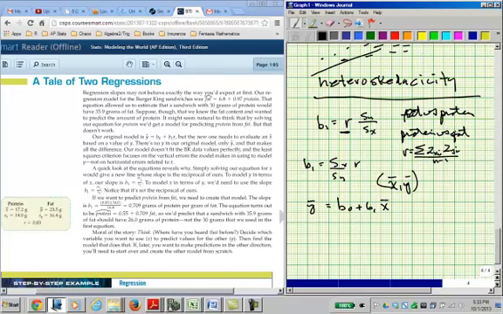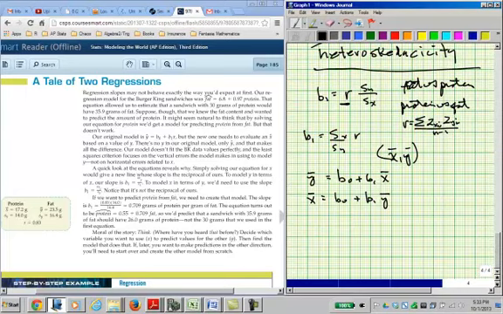But if we're doing protein versus fat, then we're going to do x bar equals b sub 0 plus our new b sub 1, which is s sub x over s sub y, times y bar. Okay, so just be aware of that. You can definitely reverse the relationship, one versus the other. That's okay. And the correlation won't change, but b sub 0 and b sub 1 will definitely change.